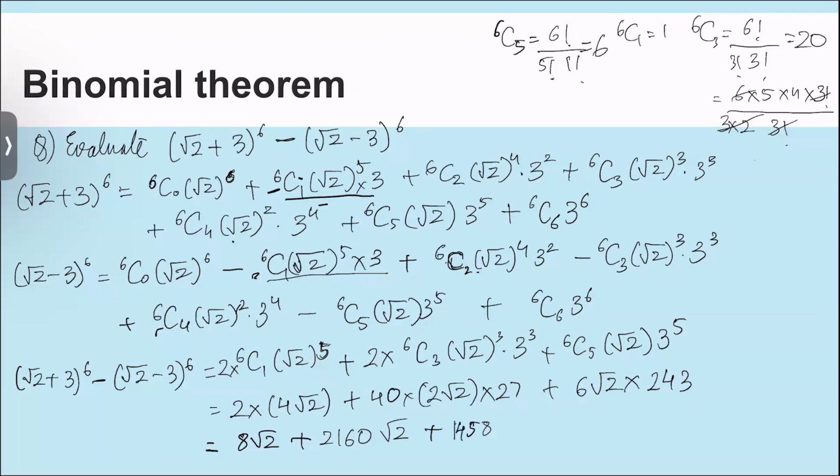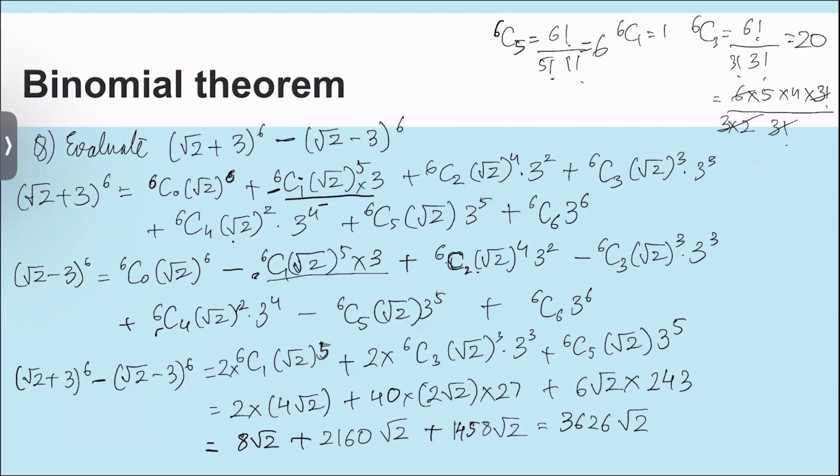Okay, so √2 is common everywhere. So you just write √2 and then you add all the numbers that are prefixed to the √2. So that is 8 plus 2160 plus 1458, which is 3626√2. Okay, so this is what we get.